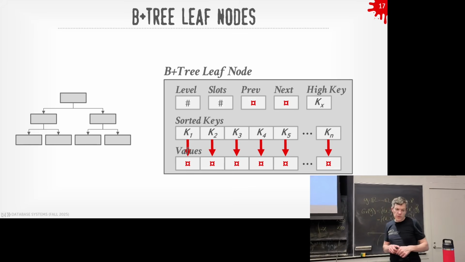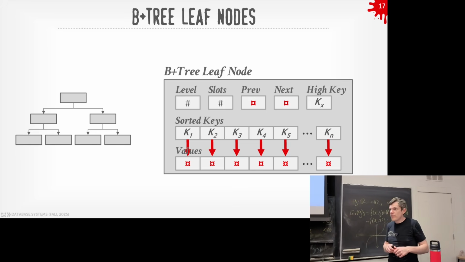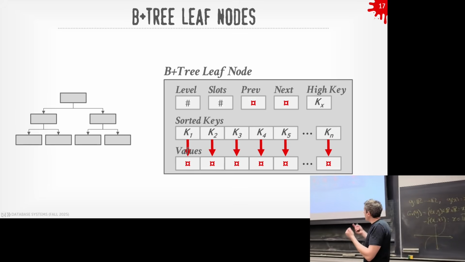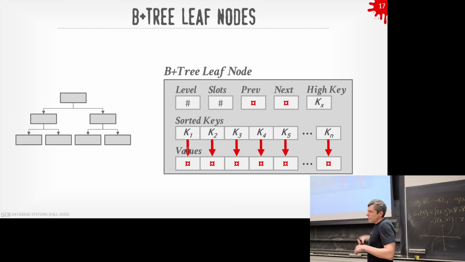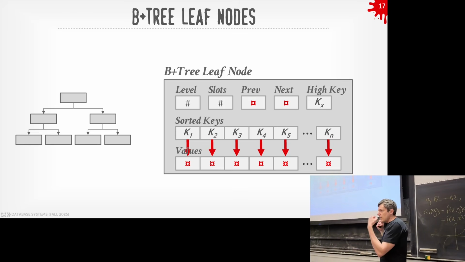The question is, how do you maintain sorted keys? I don't know, pick your favorite sorting algorithm, quicksort. It's in memory. The question is, does that mean whenever a key is inserted, am I going to resort it? In most systems, yes. You don't have to, but in general, yes. But again, it's in memory. I'm already reading it, so I hold the latch, the mutex on it, so I can do whatever I want once I have that.